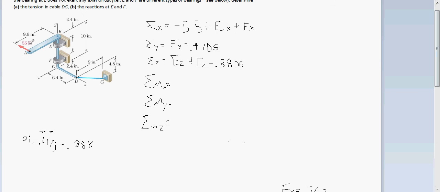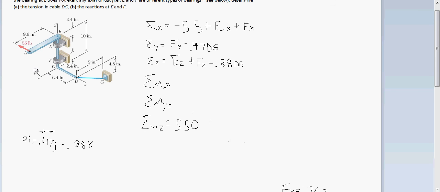We'll start off with this 55-pound force. If we move it down to this axis right here, like that, it will create a positive moment about the z-axis, and that's going to be 550, because the distance between them is 10 inches, so 55 pounds times 10 inches, and the units are going to be pound inches.